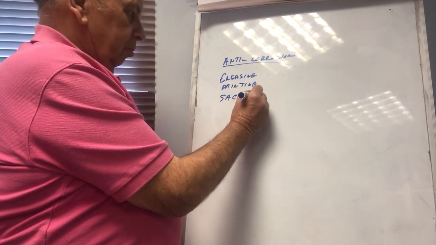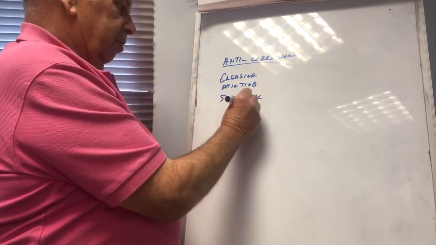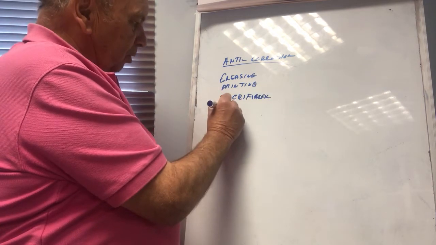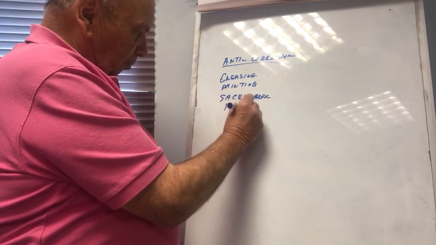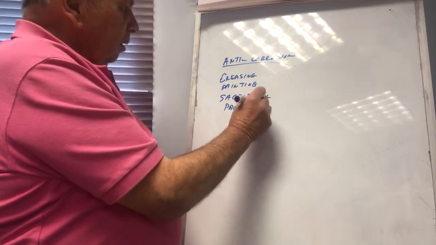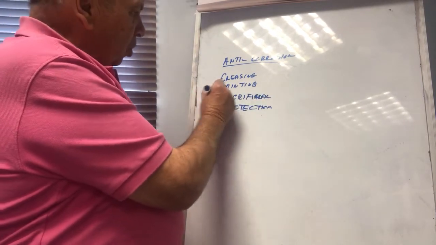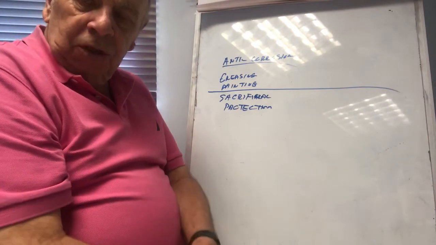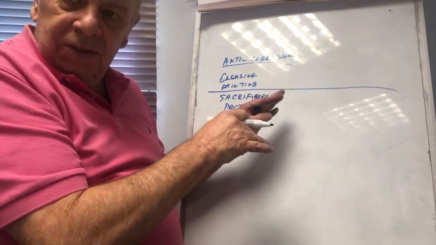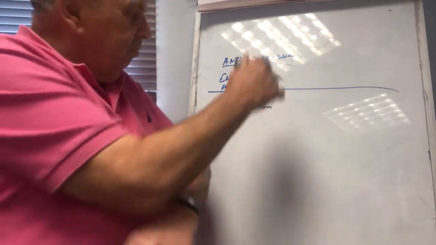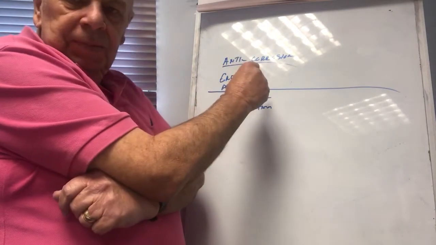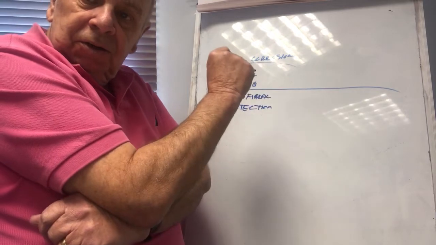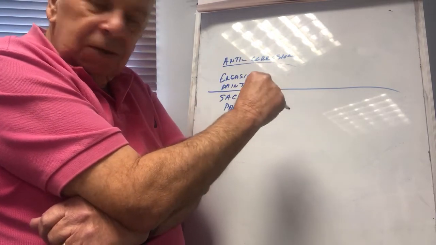Sacrificial protection. The first two, it stops moisture and oxygen getting to the metal, and often these may contain an anti-corrosion agent.